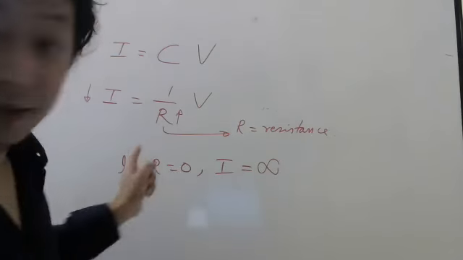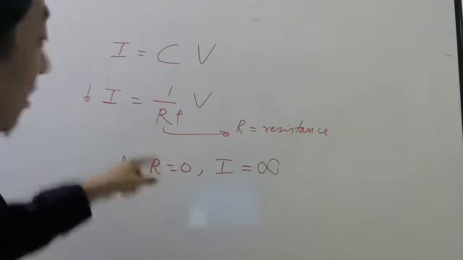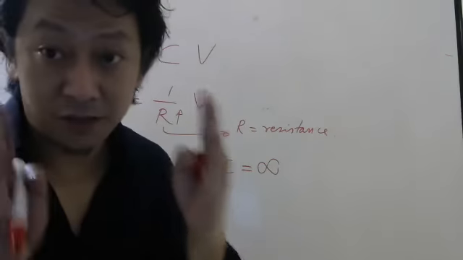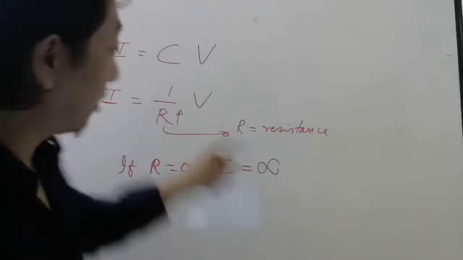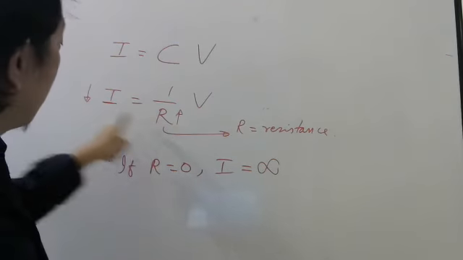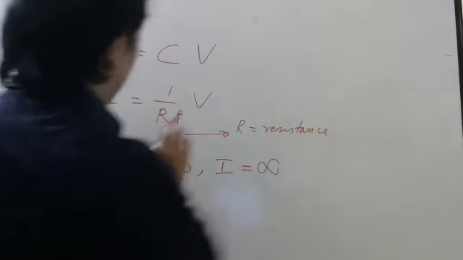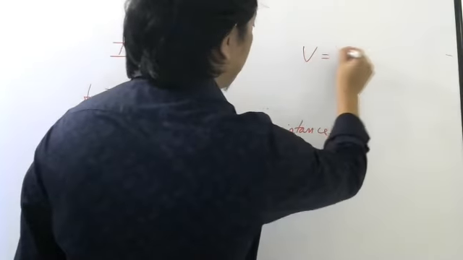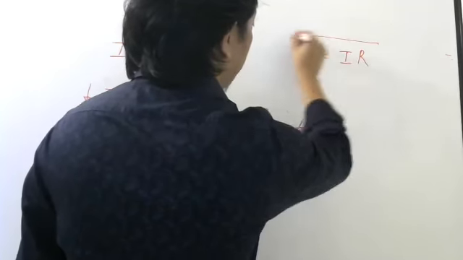So that is explained by Ohm's law also. For constant voltage, if resistance was 0, current will be infinite. So this way we don't write usually, we cross multiply and then we write like this. So this is your famous Ohm's law.